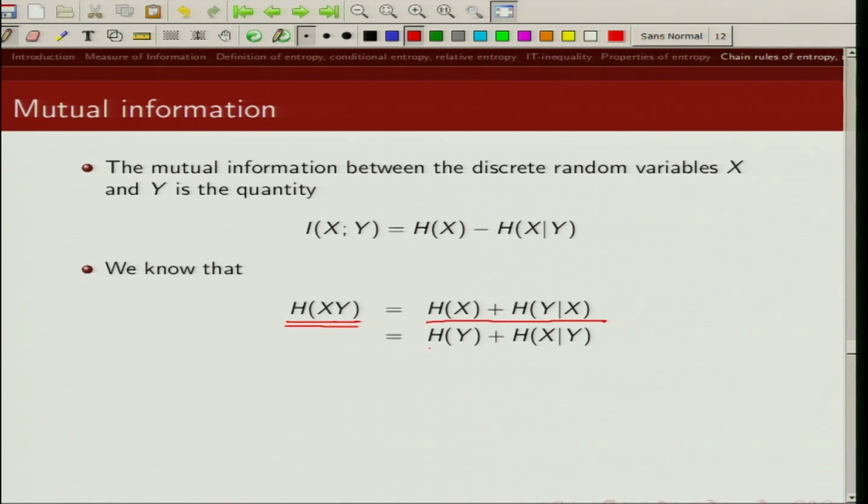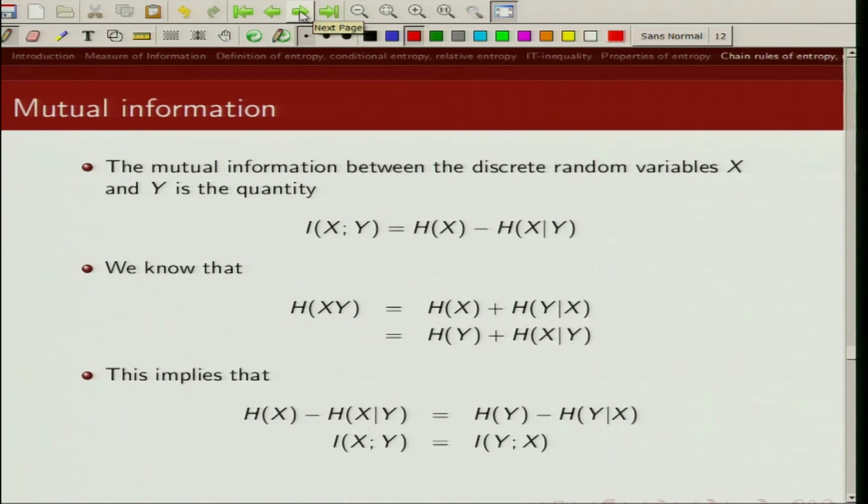So I can write this joint entropy as h of y plus h of x given y. So if I compare these two equations, what I get is as follows: h of x minus h of x given y is same as h of y minus h of y given x.